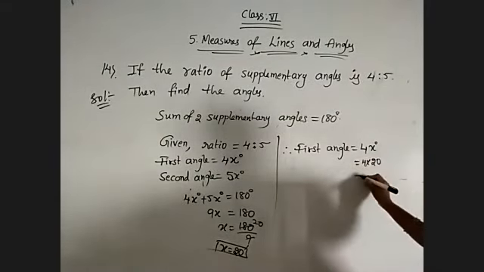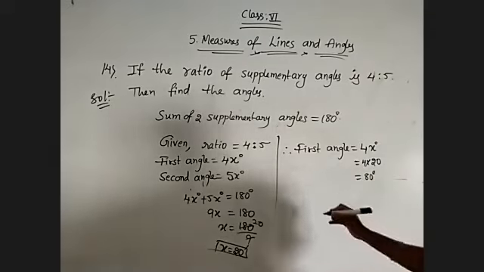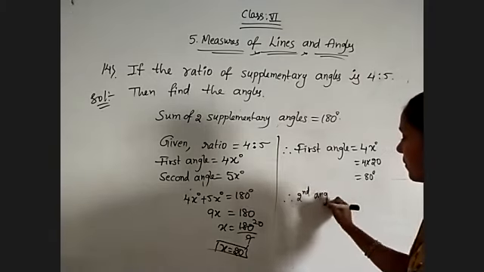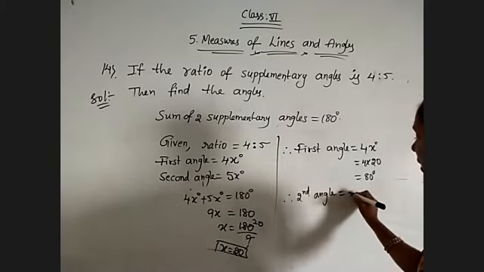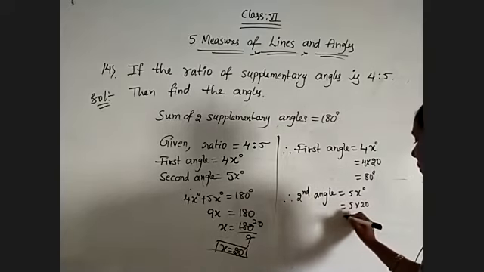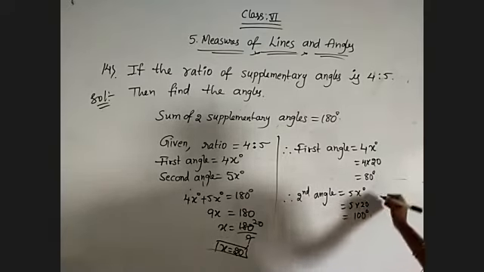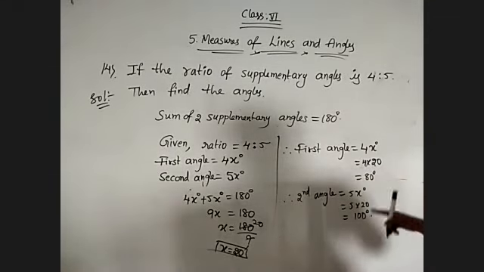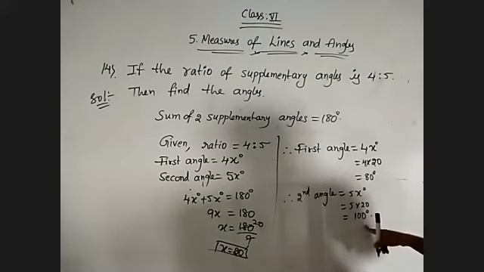So 4 twos are 8, that is 80 degrees. And the second angle will be equal to 5 parts. That is 5 into x, so 5 into 20. 5 twos are 10, that is 100. Otherwise, the sum of the two angles is 180. One angle is 80. The remaining angle is 100 itself. 180 minus 80 is equal to 100 degrees.